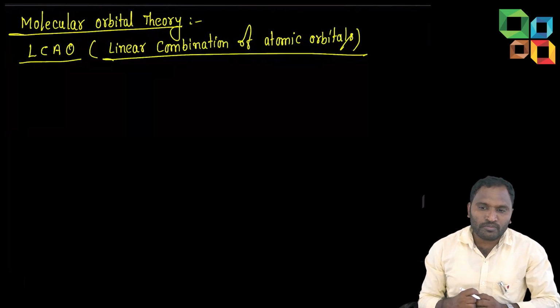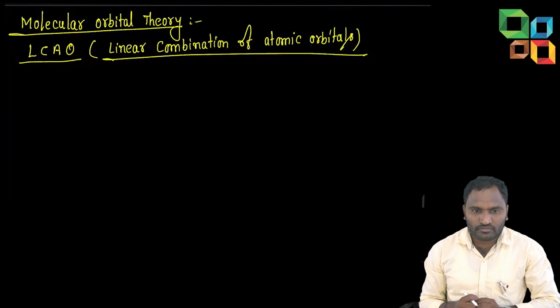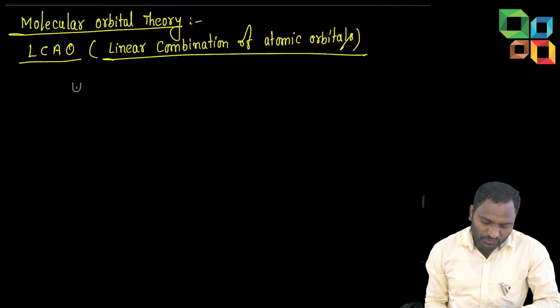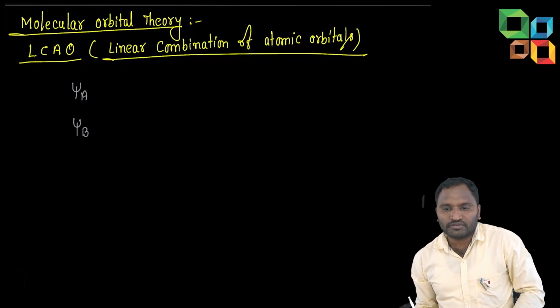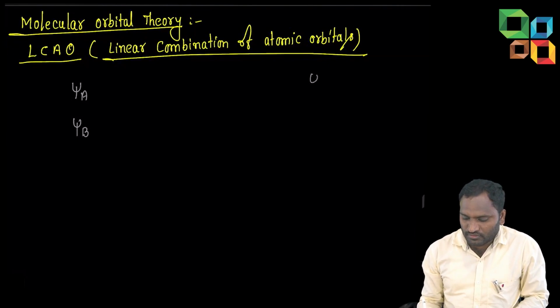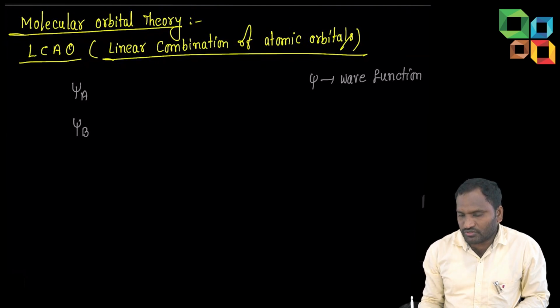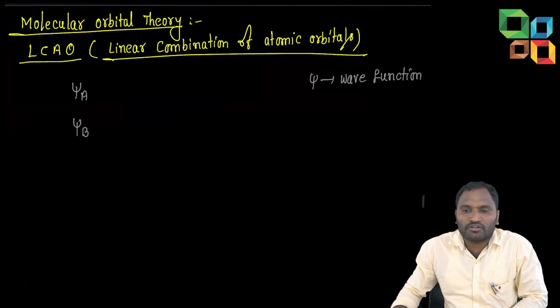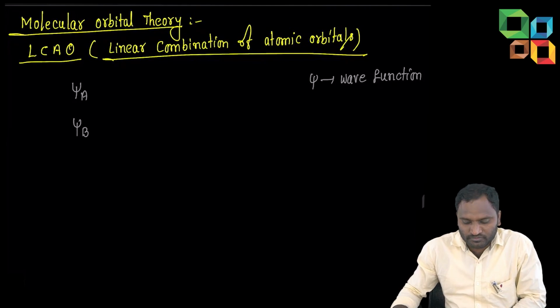Atomic orbitals are represented with psi A and psi B. Psi is the wave function, which gives information about the probability of finding an electron, where it is maximum.